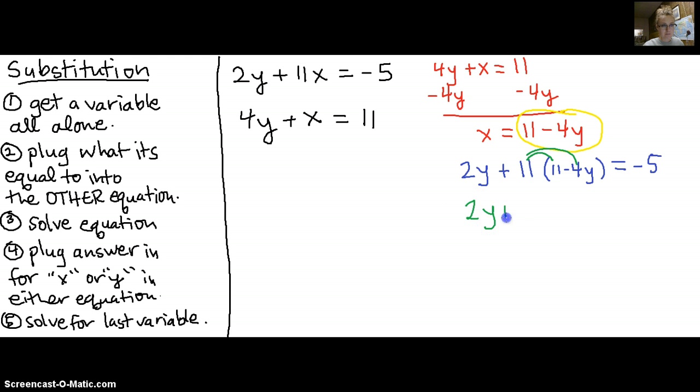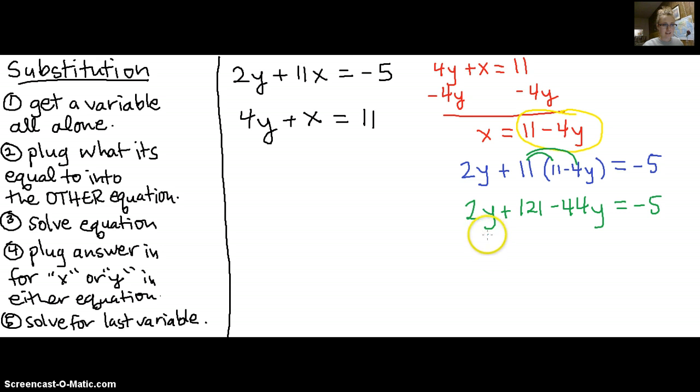Let's copy it down and see what we get. 2y plus 11 times 11 is 121, in case you forgot your times tables. And then 11 times negative 4y gives me negative 44y. And this is equal to negative 5. Nothing changed on the right side of the equation. The next step is to combine the like terms.